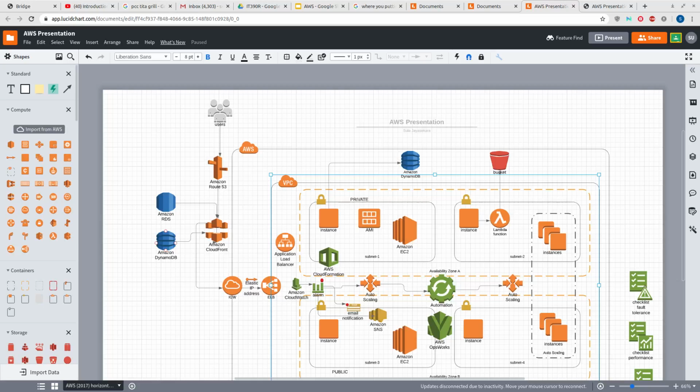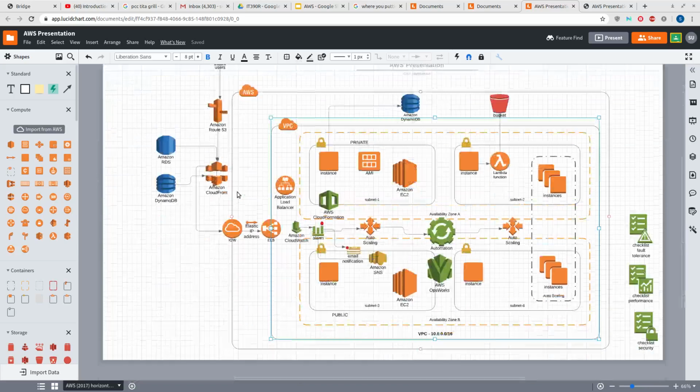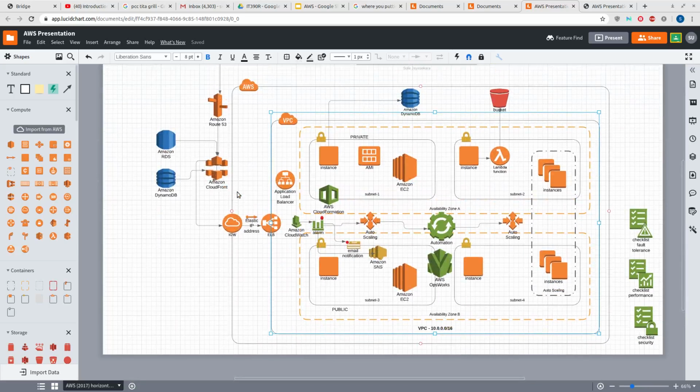At the same time, we have Amazon Route 53. It's a very unique system that is only assigned for AWS.